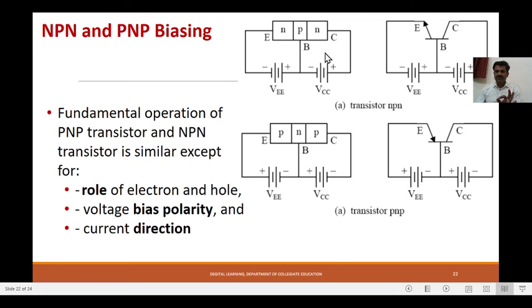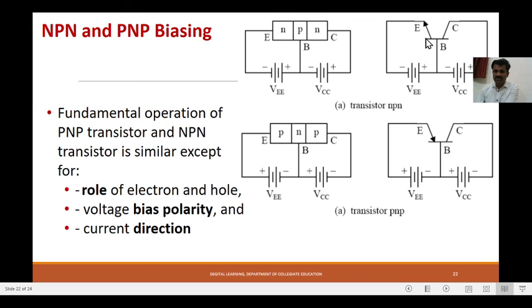This is said to be under reverse bias for amplification of an NPN. And here P is connected to P, N is connected to N, which is again forward and reverse. The polarity of the batteries is changing and the polarity of the transistor is changing. That should be observed.